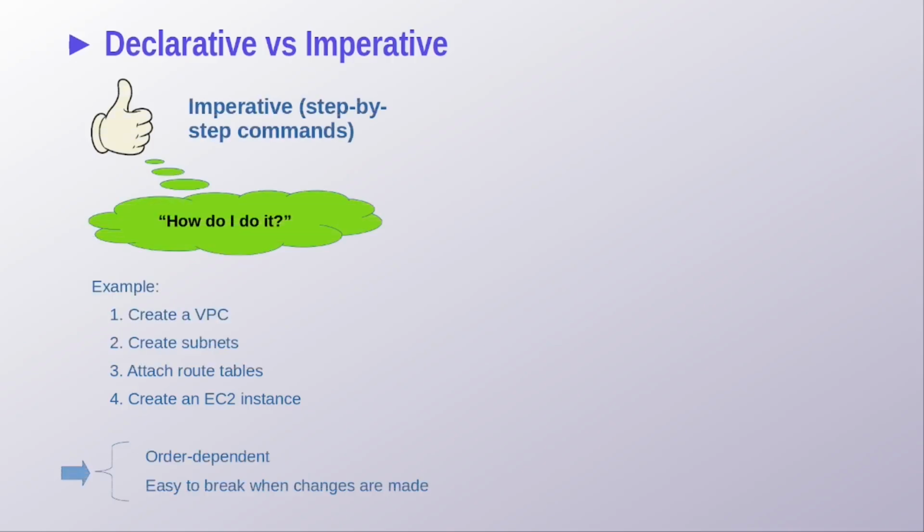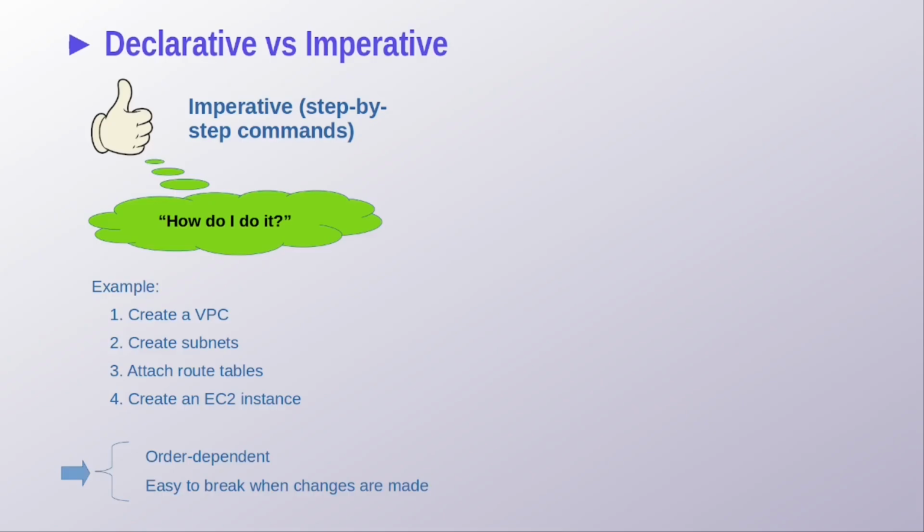Imperative and declarative thinking. This part is very important for understanding Terraform. Imperative thinking. It means, how do I do it? You tell the system step by step.